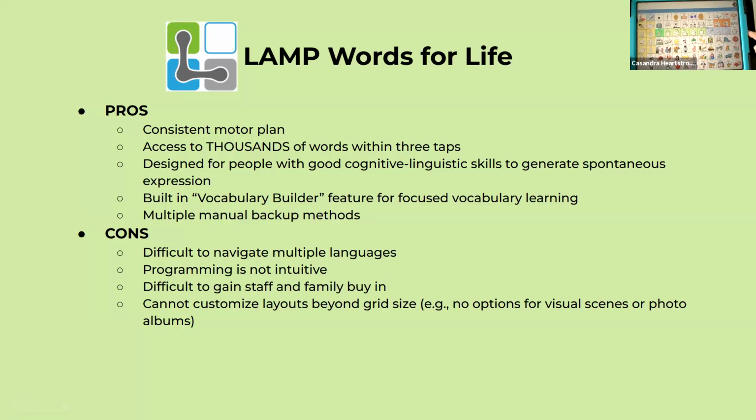It's got a vocabulary builder feature that is similar to the TouchChat or the Proloquo one, where you can create a word list. And those are the words that I want.